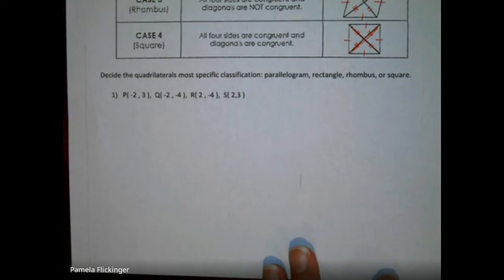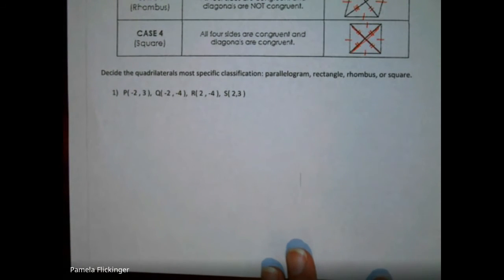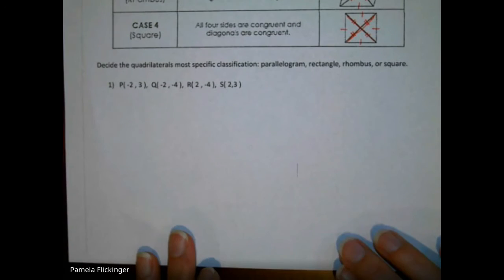Now again, as we learn about different shapes, the things we need to do to prove will change also. So we are sticking specifically to just these 4 shapes, which is why we just need to check the sides and diagonals. Okay. All right, so we've got PQRS.